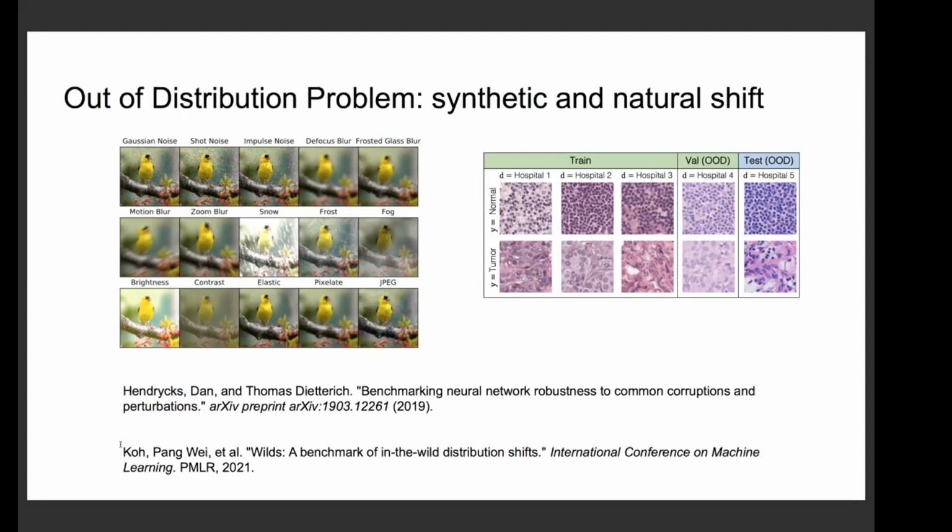Another initiative is the WILDS benchmark, which is a collection of datasets. Here I have displayed just one, the Camelyon17 dataset. Basically, it is a dataset used to predict whether patches have a tumor or not for breast cancer.